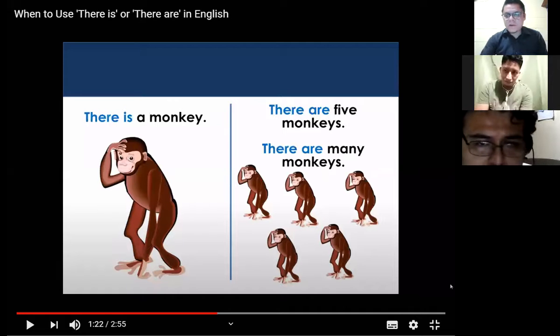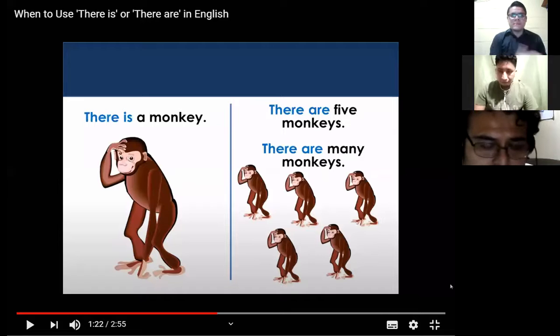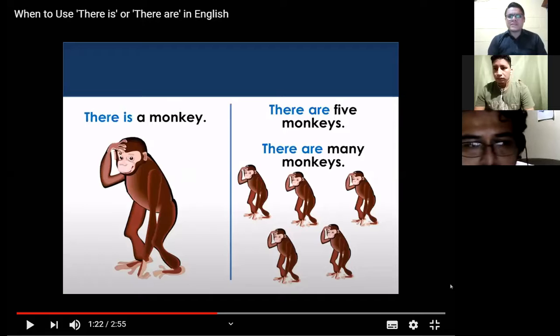Okay, you want to know the difference between some and many? We use some and many for countable nouns. But what's the difference between some and many?